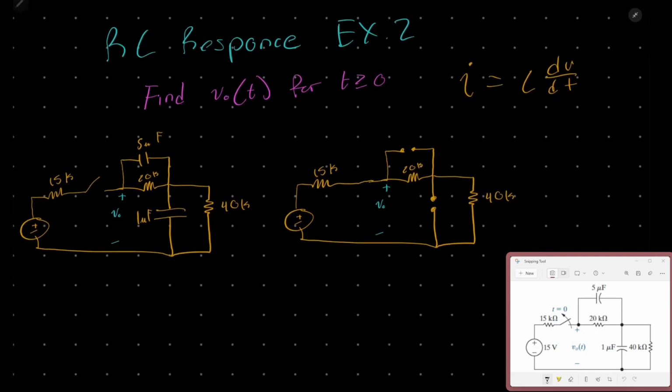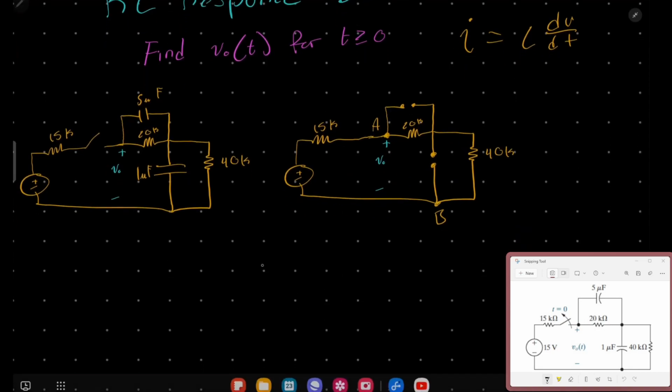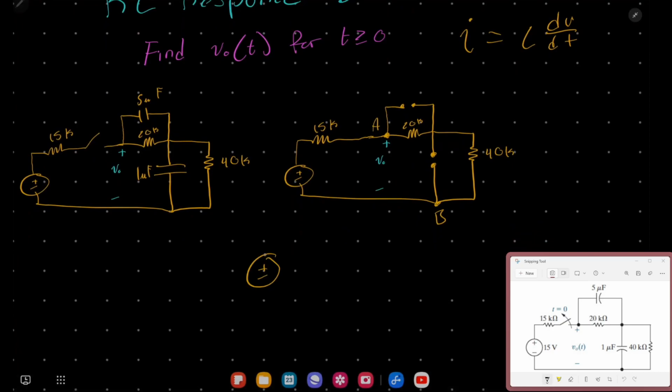Now, we need to find the voltage between these two nodes right here. And in order to do that, since this is just one big loop now, we can just combine all these resistors and find the current. So we can redraw this circuit as such.